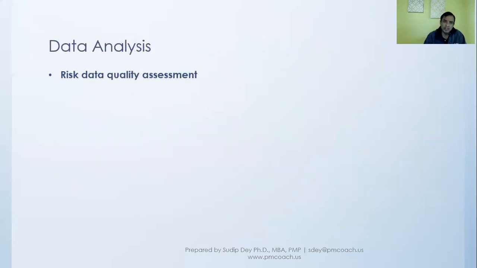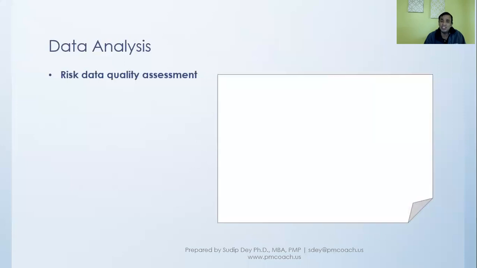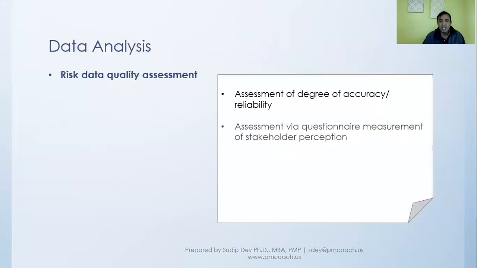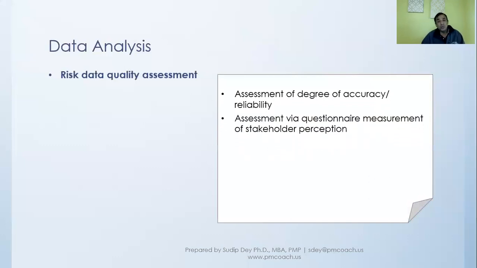Now, when we do qualitative risk analysis, we can do some useful data analysis. One is a data quality assessment, where we assess the degree of accuracy of the data.